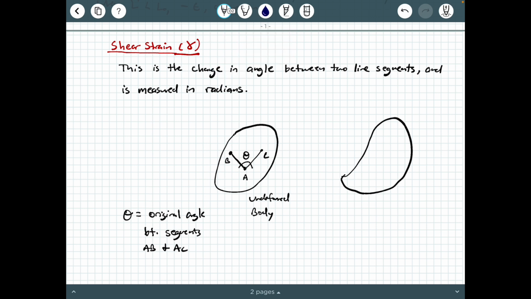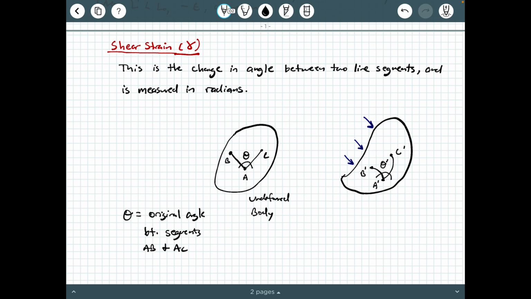Now let's say that we apply some loads and this thing becomes deformed. Remember, this body could represent anything. It could be a bridge, a building, a machine, anything. So we apply loads, and these line segments deform to a B prime location, an A prime location, and a C prime location. Now, there's going to be a new angle between these line segments, and we're going to call that theta prime.